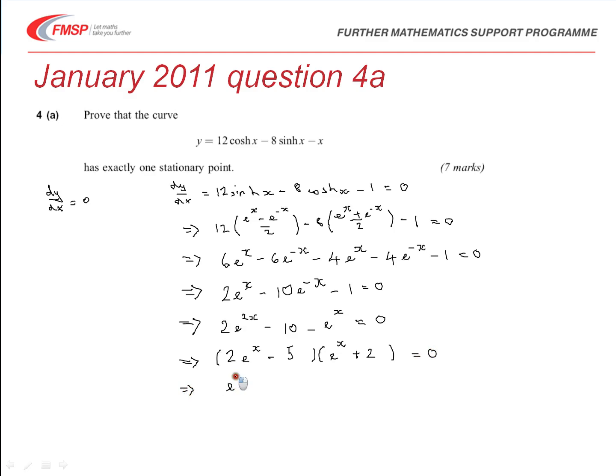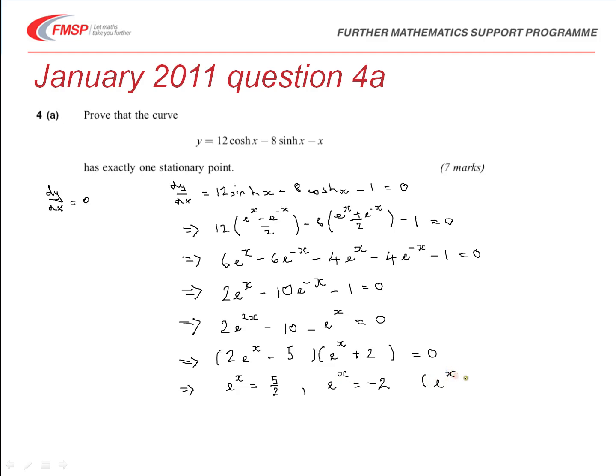And so that is then going to give us either e to the x equals 5 over 2 from that first bracket, or it gives us e to the x equals negative 2. But of course you should know that e to the x is always positive.